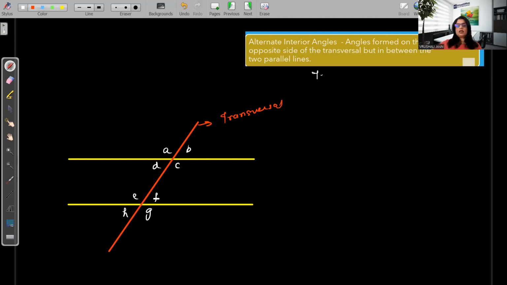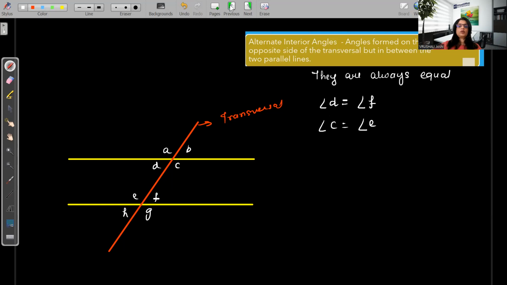They are always equal. Correct? Now, which are the pair of alternate interior angles? Can you see this? Angle D is equal to angle F and angle C is equal to angle E. These are pair of alternate interior angles.